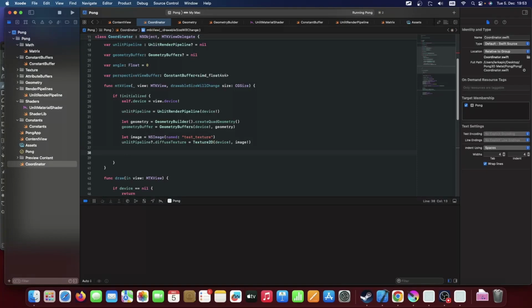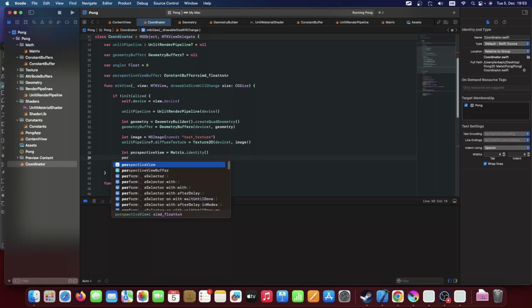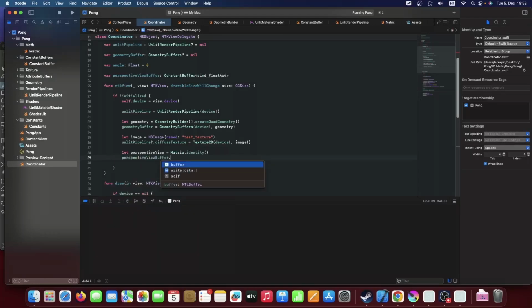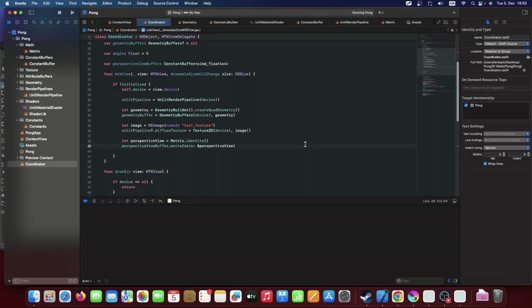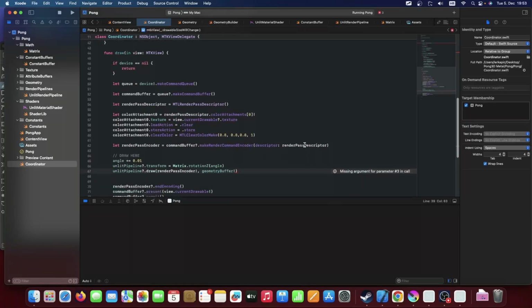So we're going to need our matrix, so let's just say perspective view, and by default we're just going to use identity for now. So we're going to cover this, and then we just need to write to that perspective view buffer, not write, what are we writing, that perspective view matrix, not camera matrix, and then we need to paste it.